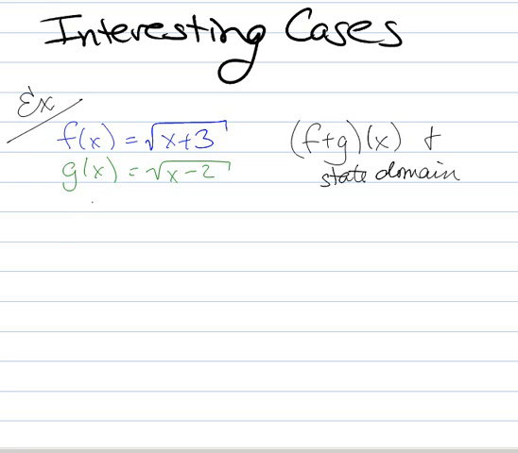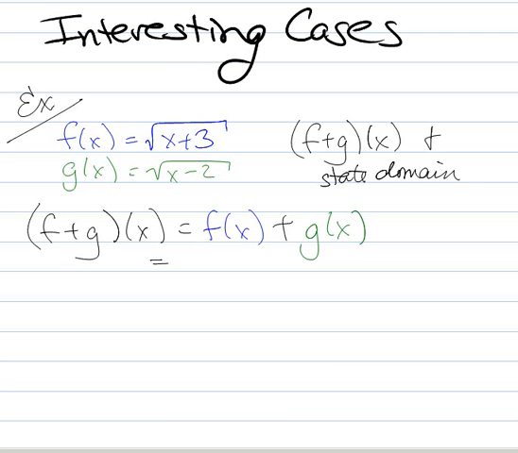All right. So, we're reasonably competent. So we can say, okay, f plus g of x is the same thing as f of x plus g of x. This is actually super straightforward on this problem. F of x is root x plus 3. G of x is root x minus 2.